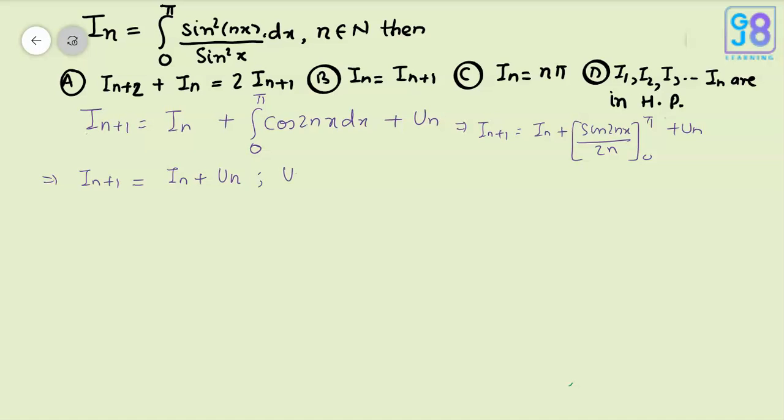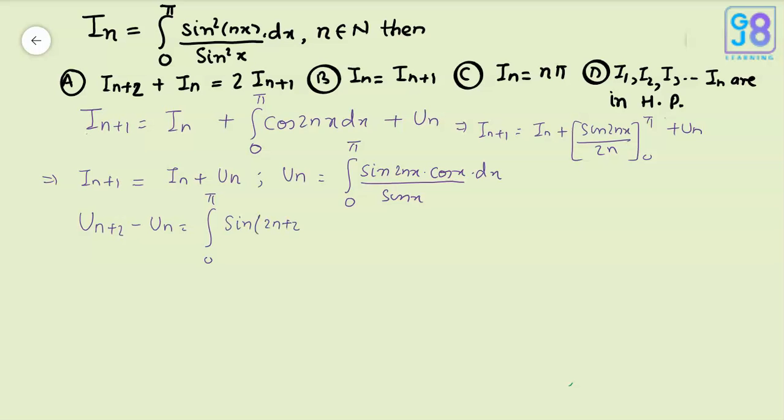Now let us start off with U_n, which is integral 0 to pi sine 2nx times cos x over sine x dx. If we take U_(n+1) minus U_n, this will become integral 0 to pi of (sine (2n+2)x minus sine 2nx) over sine x times cos x.